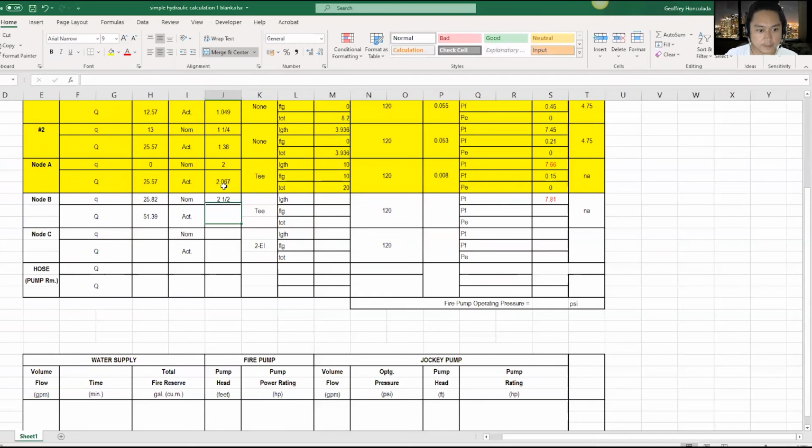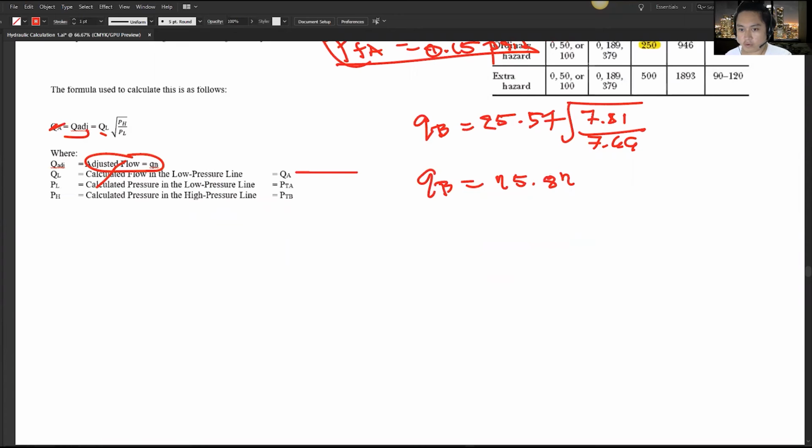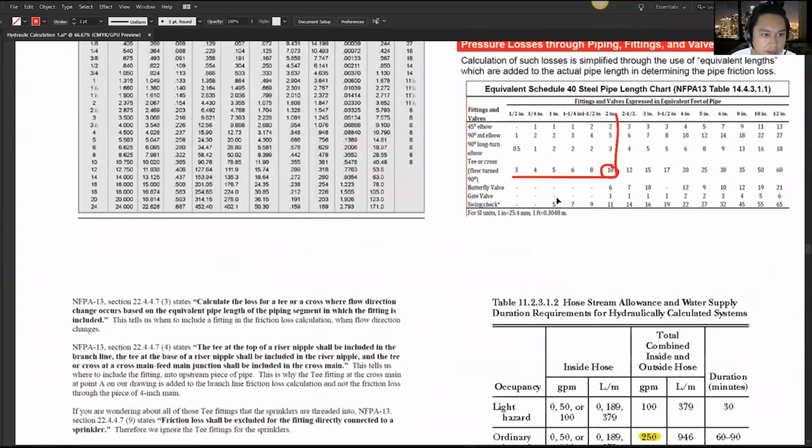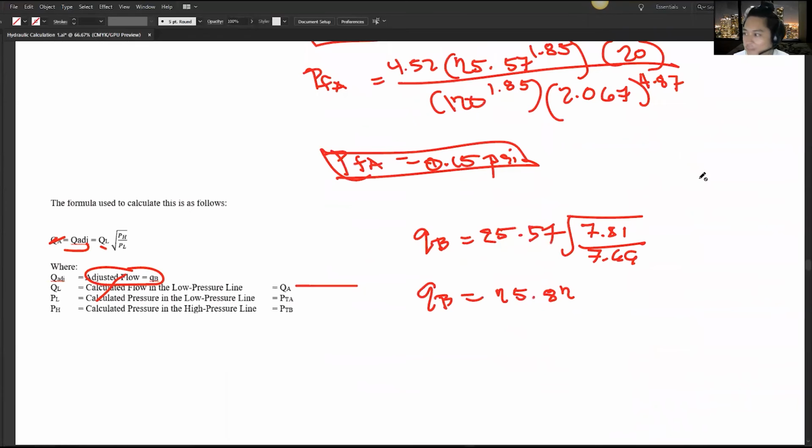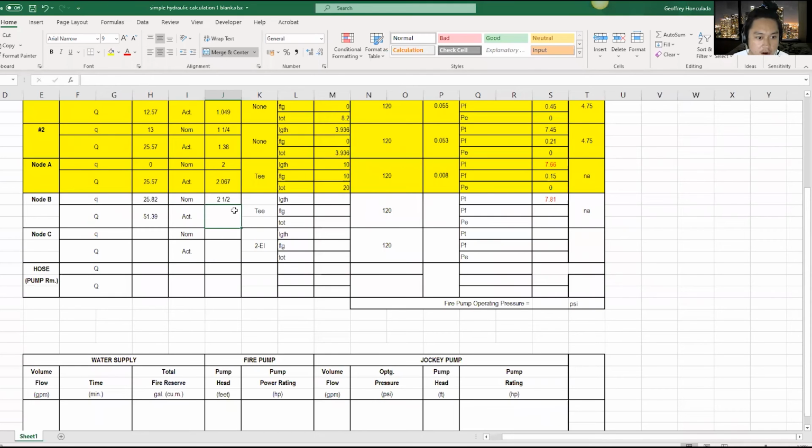Our actual size can be found in this table, and it's still schedule 40. 2.5 gives us 2.469, which I'll put directly in our table.